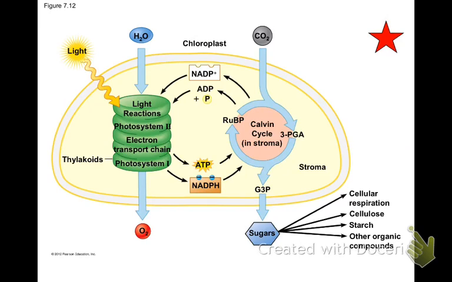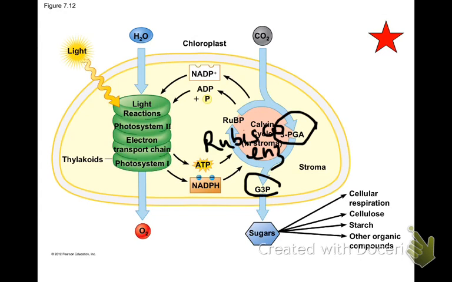That is taken up by the RuBP molecules and Rubisco enzyme. This is important to make 3-PGA, which then converts to give me G3P. This G3P can be put together to give me sugars, which can be used for cellular respiration, make cellulose, starch, other organic compounds, etc.